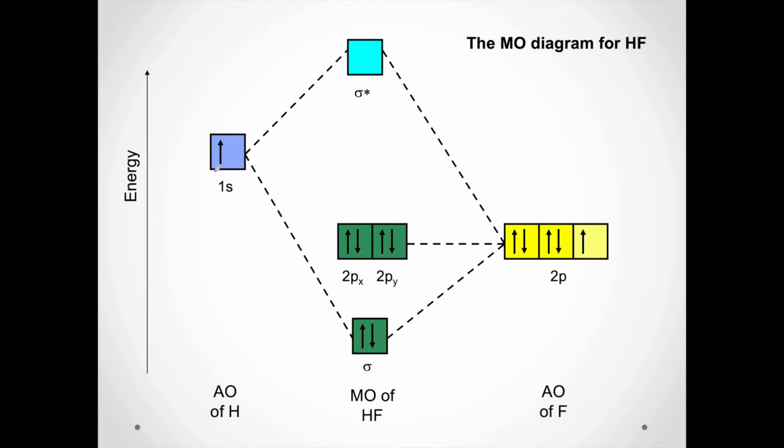So the 1s will have higher energy compared to the 2p. And this is where you have 2px and 2py, these two orbitals that do not get involved in the overlapping.